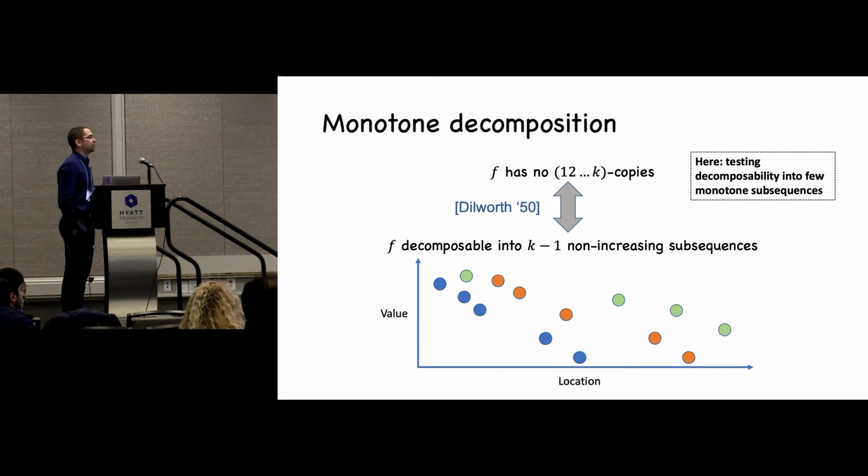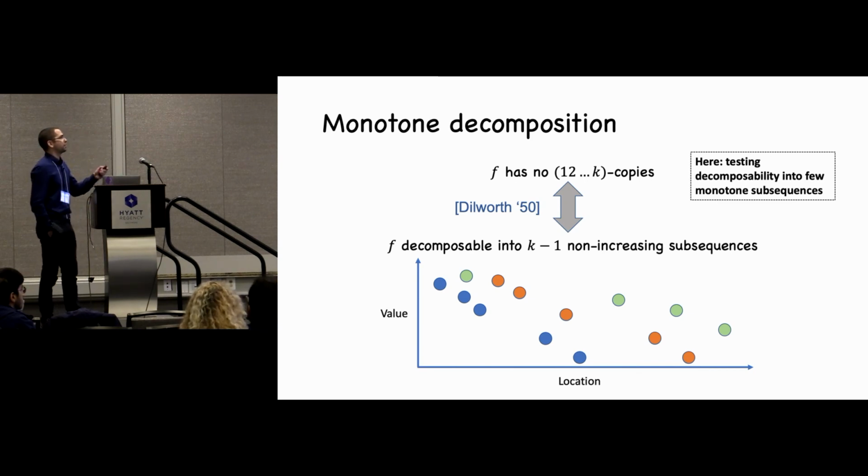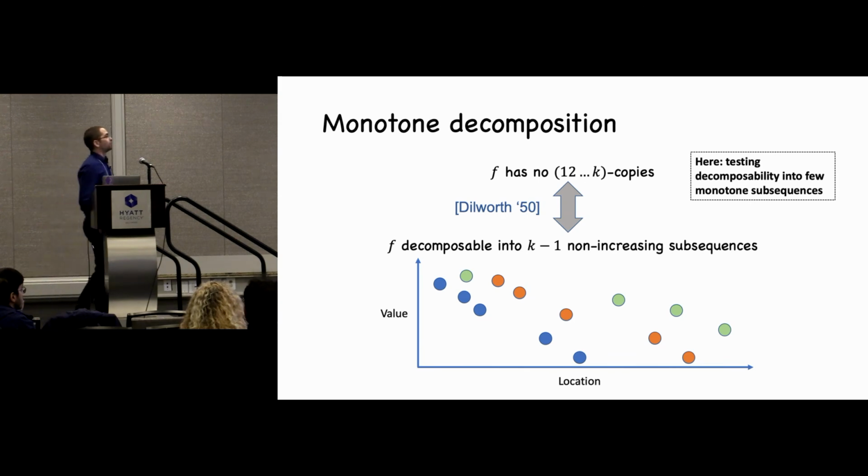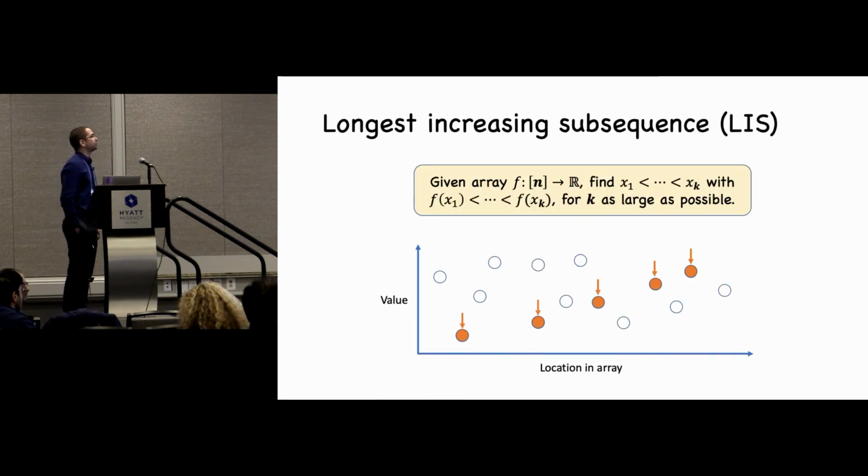Dilworth's theorem about partial orders states that if we don't have 1 up to k copies, then our sequence is decomposable into a small number of non-increasing subsequences. So one way to think about our problem is testing with one-sided error whether our sequence is decomposable into, say, 10 monotone subsequences. Another way to say the same is through the language of LIS, longest increasing subsequence.